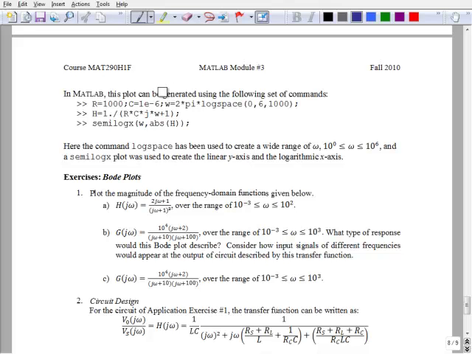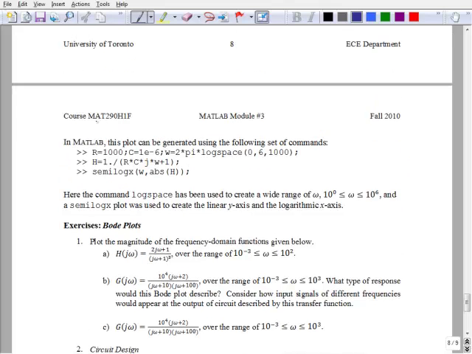And then we can use the semi-log x to plot the absolute value of h, or we could use it to plot the phase of h. Each one of these can be created in exactly the same way as the three statements defined above, where we define an omega given by this range, and you could use lin space or log space.